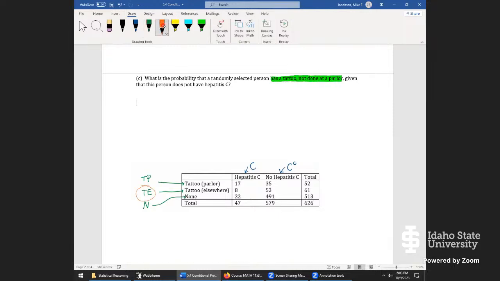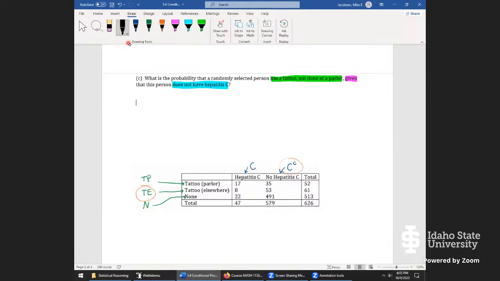That'd be tattoo done elsewhere we're taking a look at. Given that this person does not have hepatitis C, a huge, huge buzzword, so let's color code that. That'd be C complement, so we're dealing with this column right here. So that's probably how we'd start this off.